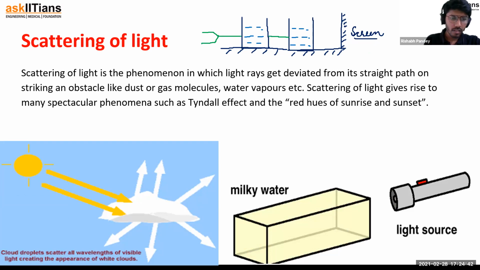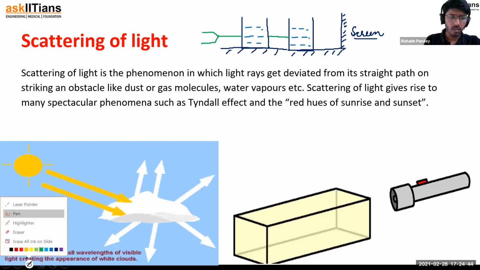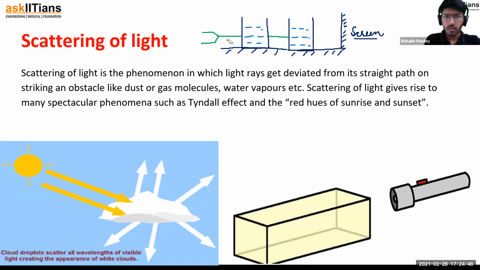You will observe an image of the light over here. This laser light will be seen. Will it be seen in this whole path? No, it won't be seen neither in the glass, nor in the air. Both of them are filled with pure water.